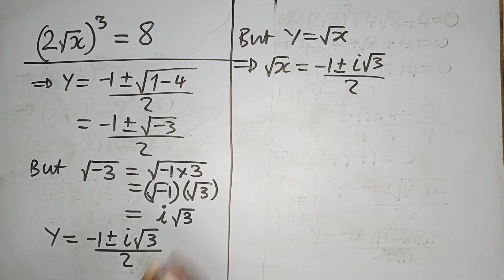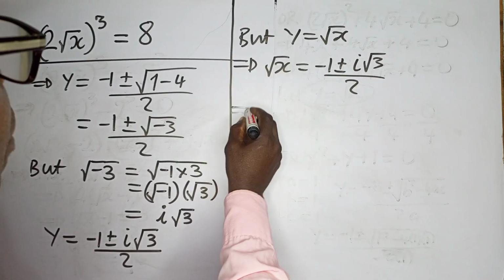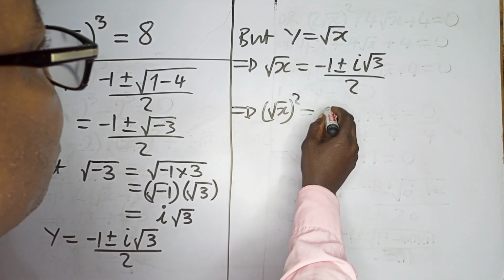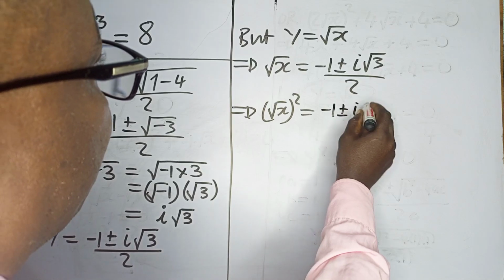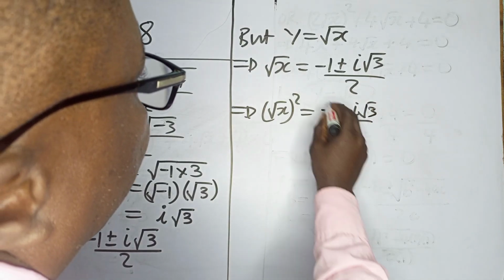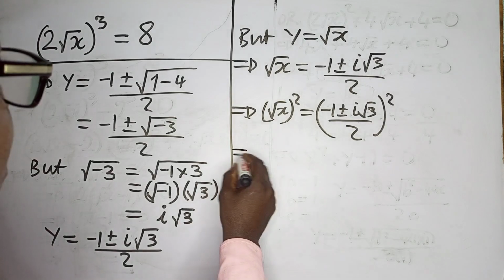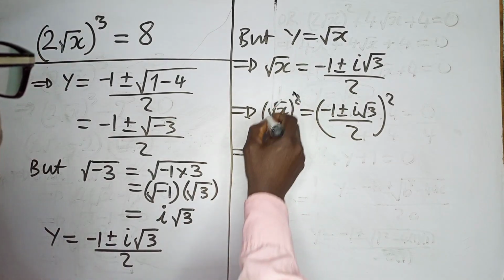To get x, all we need to do is to remove this square root. And the only way to do that is by squaring both sides. So if we square both sides, this is what we get. It's equal to minus 1 plus or minus i root 3 all over 2, all of this squared. Remember, the square will cancel the square root.